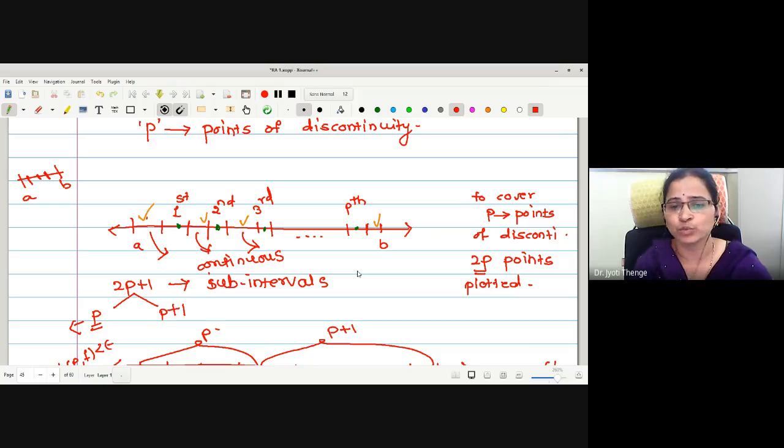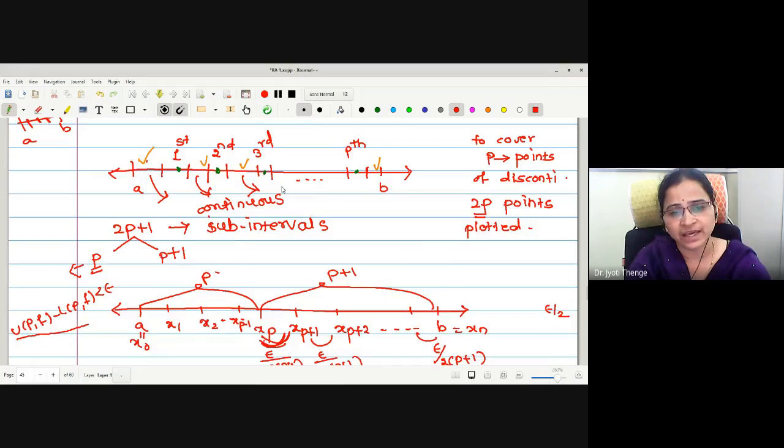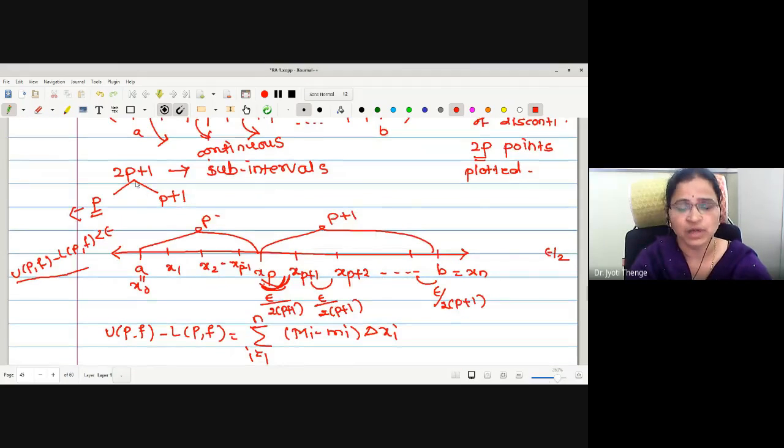Due to these 2P points, there are 2P plus 1 subintervals. For the sake of understanding the theme, we have plotted the P points covering the points of discontinuity as the first P subintervals, and the remaining P plus 1 subintervals we have taken afterwards.